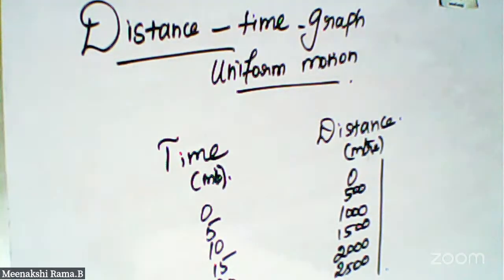This is uniform motion. What is the meaning of uniform motion? Yes, uniform motion means we maintain the distance as well as the time in the same manner. There is no difference in this.